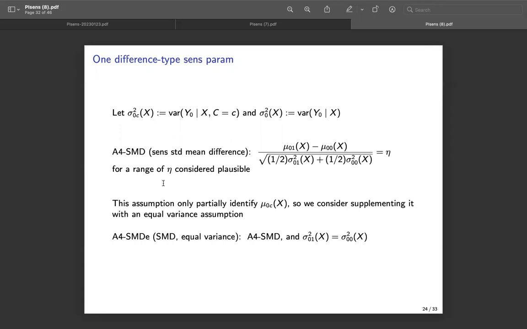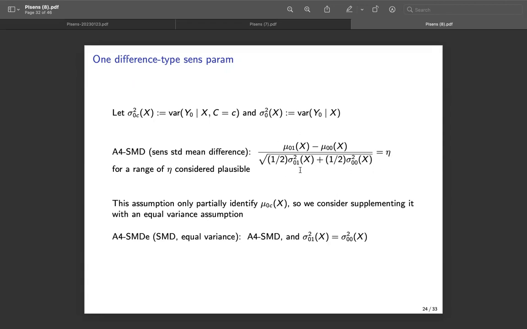Here we propose using a standardized mean difference, where the numerator is just the difference, and the denominator is a combined, average standard deviation, a quadratic mean of the two within stratum standard deviations.